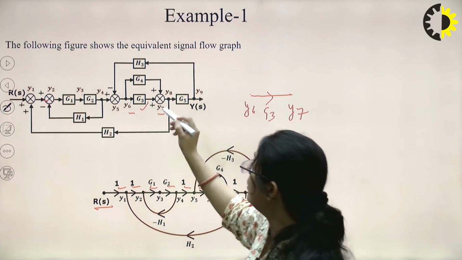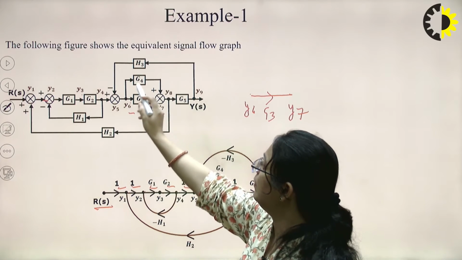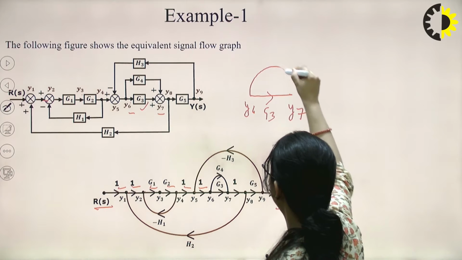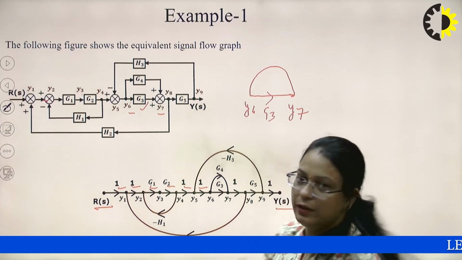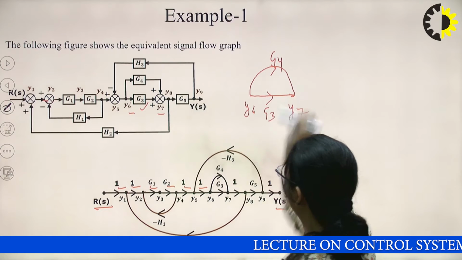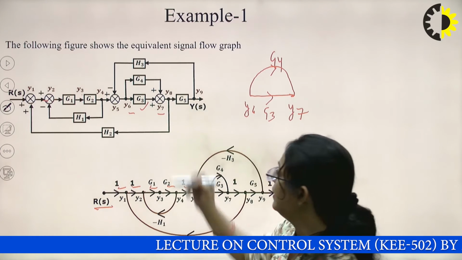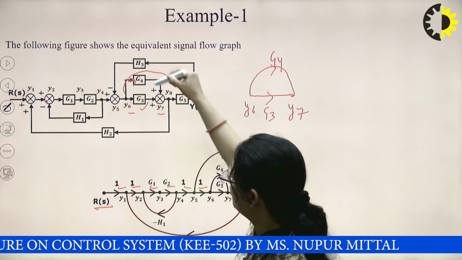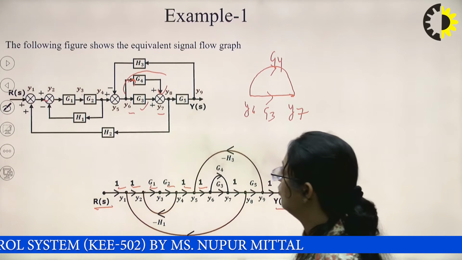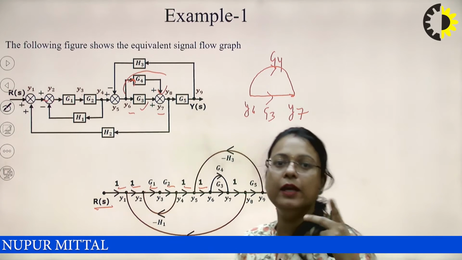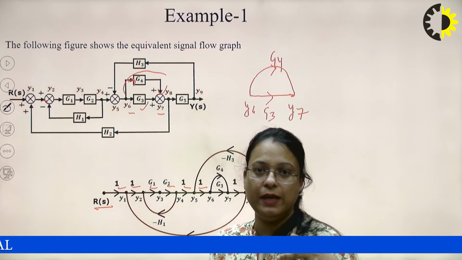Now the second branch will be shown by G4. So we can connect another branch between Y6 and Y7, and we will represent it with G4 gain, okay? And the direction will be taken from here. You can see the arrow is showing the direction here. So between Y6 and Y7, we have 2 branches with 2 different gains.